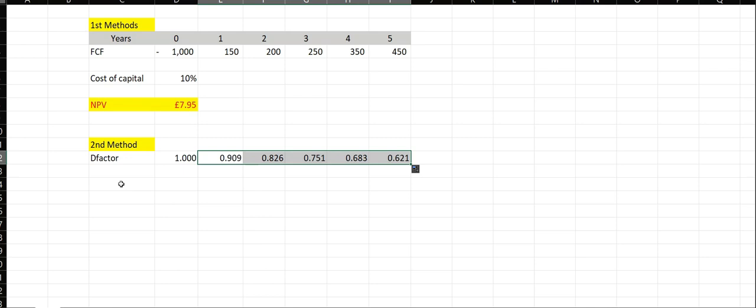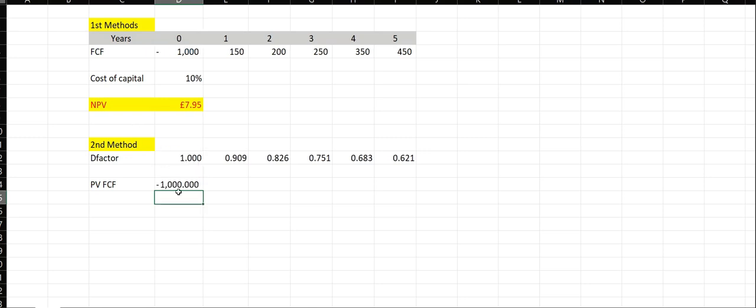So now simply what you need to do is take the net present value, which is the discounted, or else you can say the present value of the free cash flow. Present value of the free cash flow will be minus 1000 times 1, which is the present value.